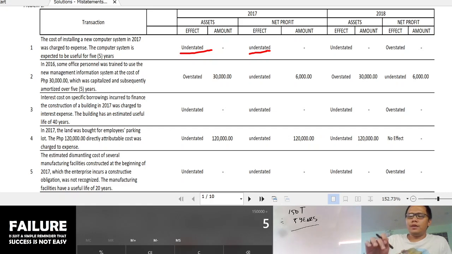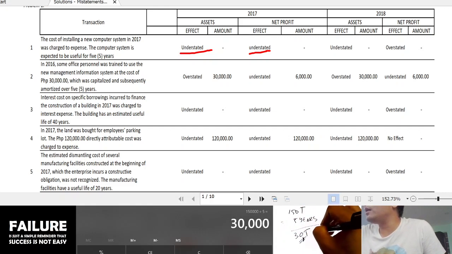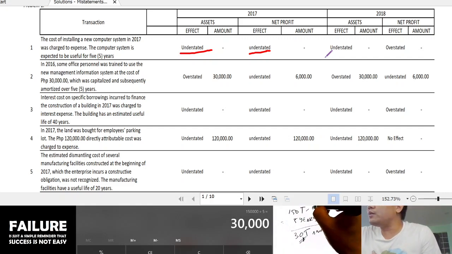Divided by 5 years, we should have an annual depreciation of 30,000. Now, what happened is that this 150,000 was fully recognized as expense because it was not capitalized.